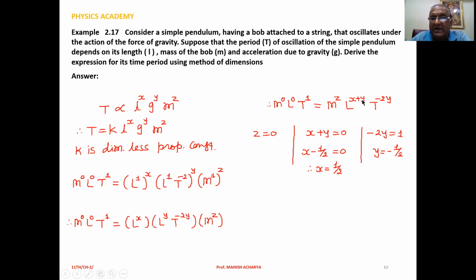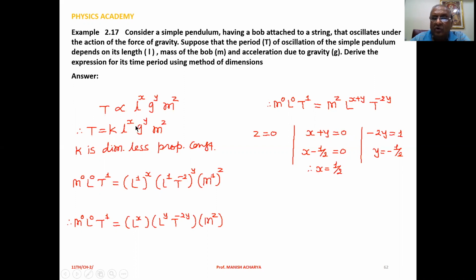Then L raised to x plus y, L raised to 0, so x plus y equal to 0. T raised to minus 2y, T raised to 1, so minus 2y equal to 1. So y equal to minus 1 by 2. And in the equation x plus y equal to 0, substitute y equal to minus 1 by 2, you will get x equal to 1 by 2.